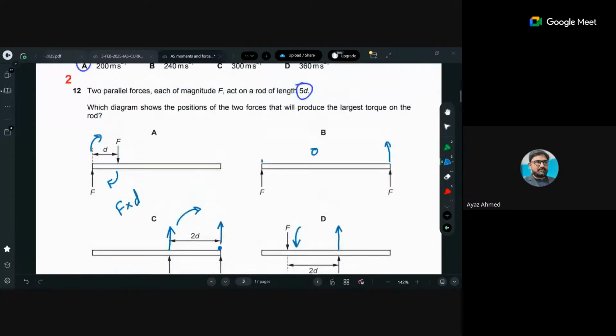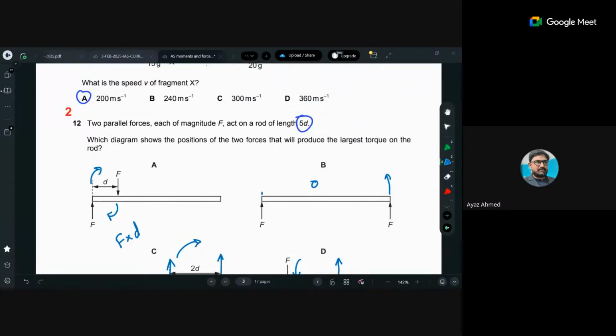The distance between them: the forces act on the rod at the length of 5d, the total length of the rod. Sorry, this is not the zero moment, I consider it incorrect. This force would behave like a pivot.